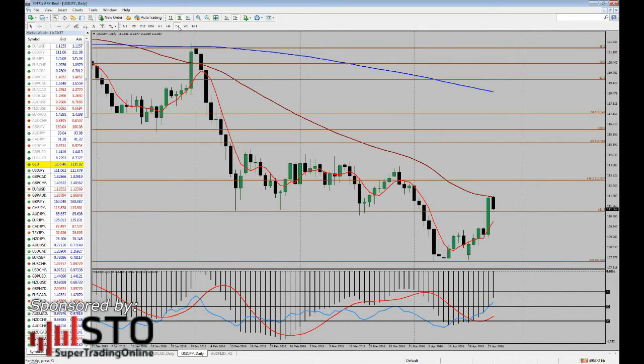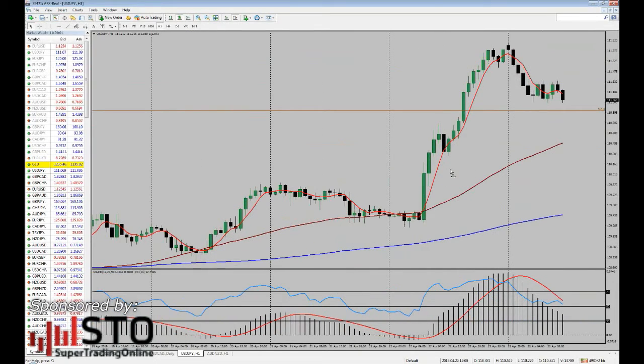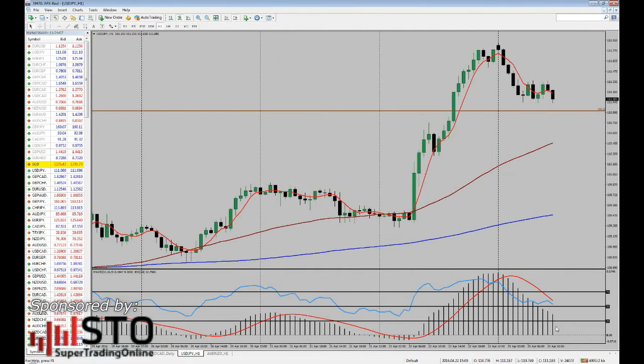And if we go on hourly time frame, we can see that moving averages are on bullish side. MACD is above the zero line, RSI is above the 50 line, and therefore we can also see that there is an immediate resistance level at the level of 110.50 level, which is pretty much colliding with 50-hour moving average.